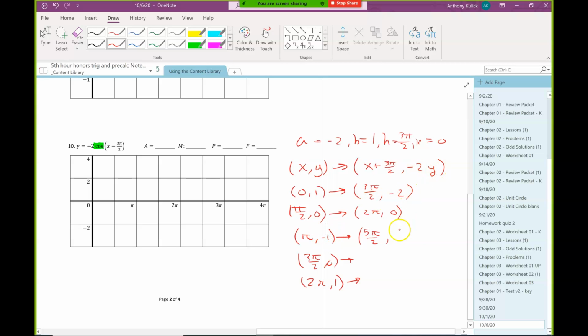And then -2 times -1 is +2. And then 3 pi over 2 plus 3 pi over 2 is 6 pi over 2, or just 3 pi. And 0 times -2 is 0. And then 2 pi plus 3 pi over 2 is like 2 plus 1.5, so it's 3.5, or 7 pi over 2. And then -2 times 1 is -2. Okay with how I did that, Elizabeth?